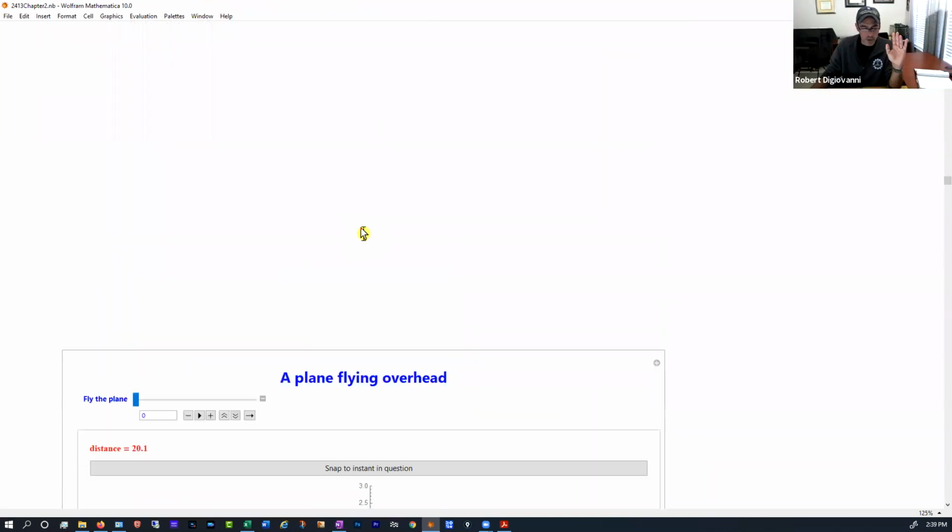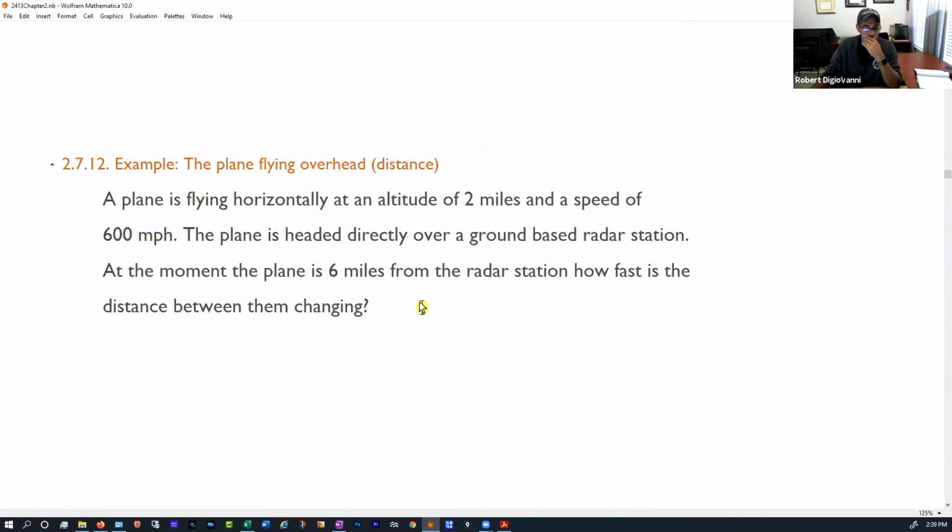Okay, here's a good one. A plane is flying horizontally at an altitude of 2 miles. So you got a plane that's 2 miles high, flying horizontally at 600 miles an hour. The plane is headed directly over a ground-based radar station.